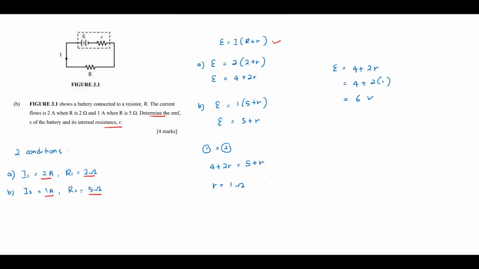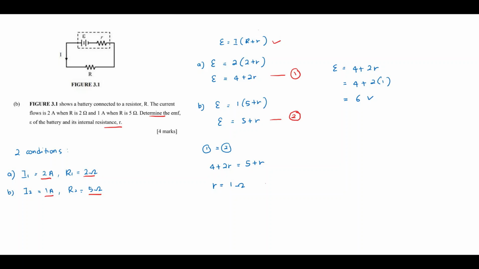So rearrange, we get EMF equal to 4 plus 2r. So let's say this is the first equation. For second condition, we substitute EMF equal to 1 times 5 plus r. So rearrange, we get EMF equal to 5 plus r. So let's say this is the second equation.